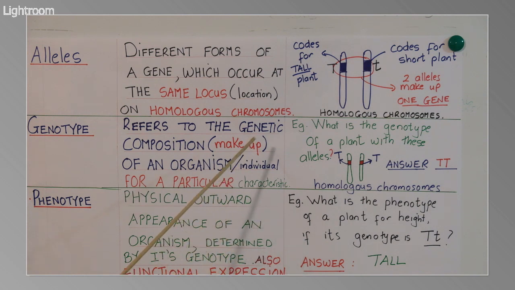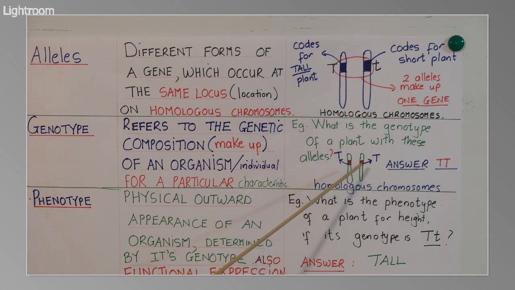For example, if we look at this chromosome pair, what is the genotype of this pea plant for height? The genotype would actually represent the two alleles for that particular gene, and the genotype would be written as capital T and small t.